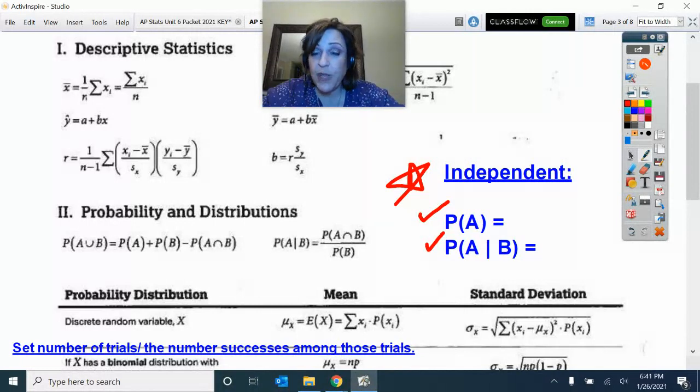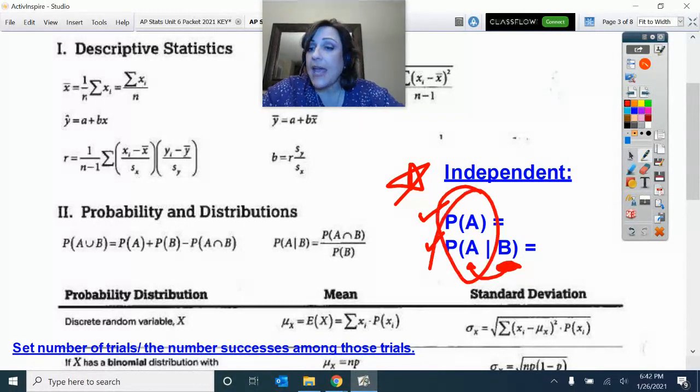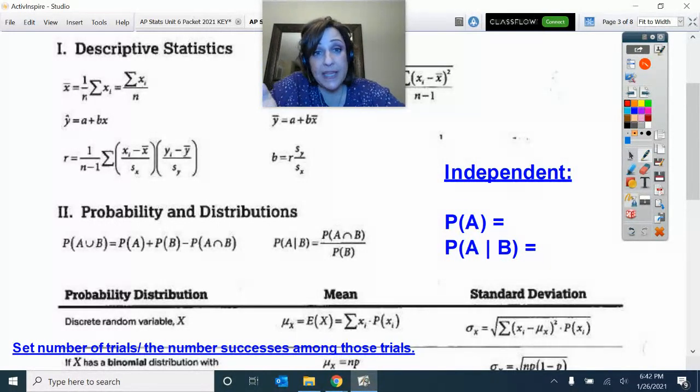Because we want to know if the fact that B has happened is changing the probability of A. And that tells us if B is affecting or changing the probability. If it is changing the probability, then of course A and B are not independent, because they are independent if the fact that B has happened does not change the rate.